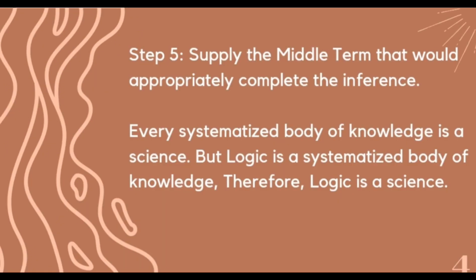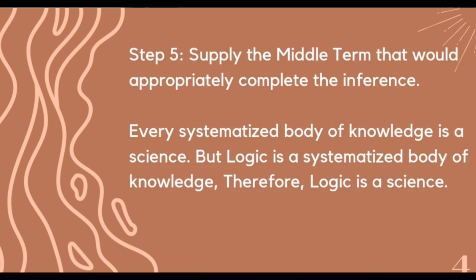So, step 5 is supply the middle term that would appropriately complete the inference. When the conclusion is affirmative, the middle term must be a concept to which both minor and major terms identify, as in this example. So, in step 5 we supply our middle term.